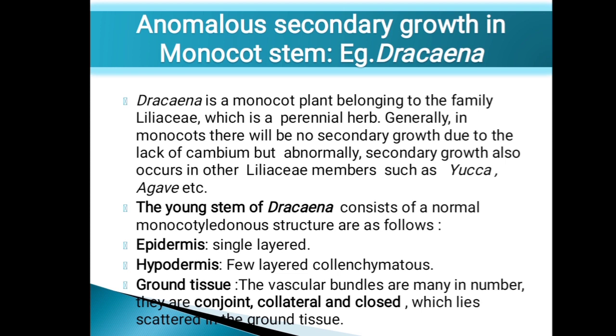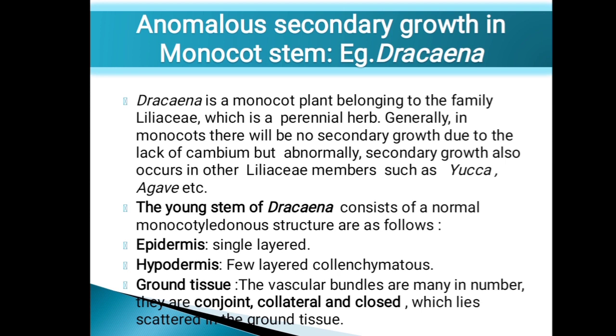Generally in monocots, there will be no secondary growth at all due to the lack of cambium. But unusually or abnormally, secondary growth also occurs in these Liliaceae members. What are those? They are Dracaena, Yucca, Agave, etc.